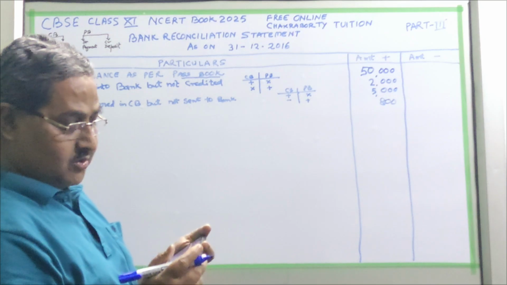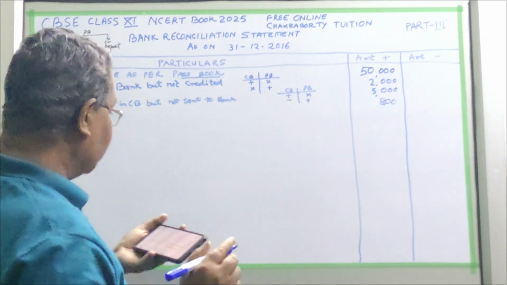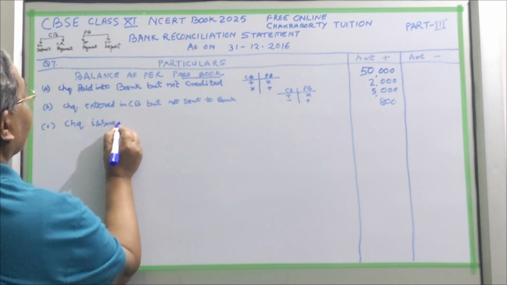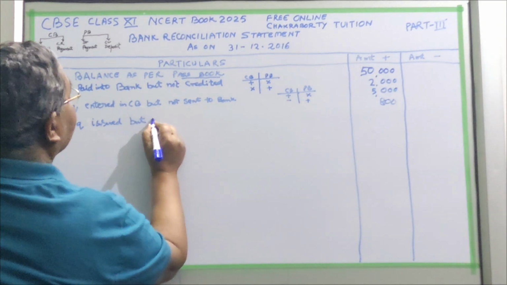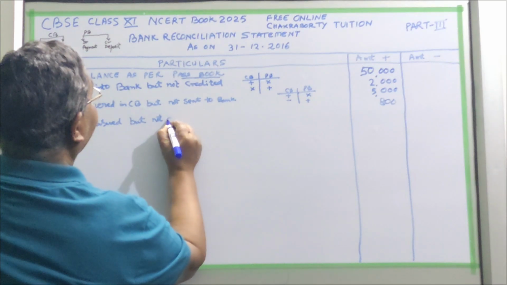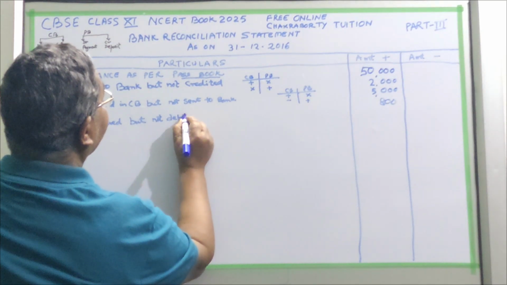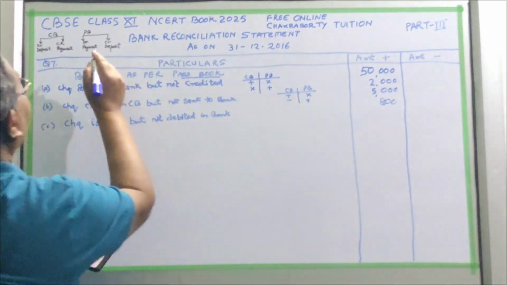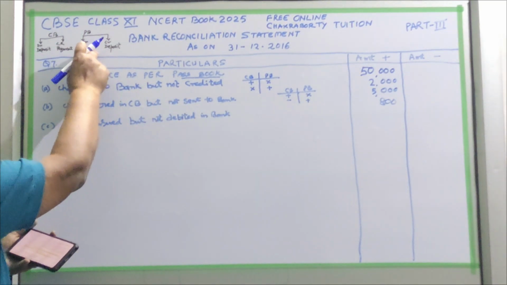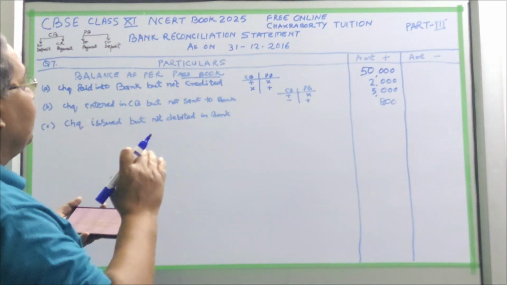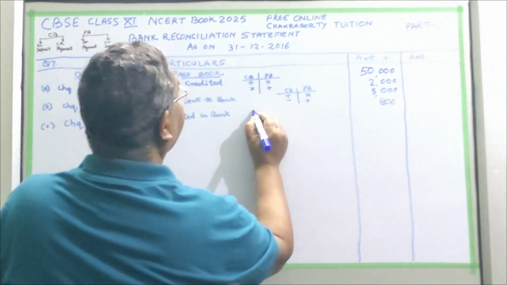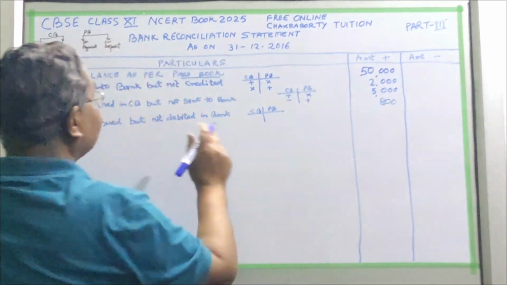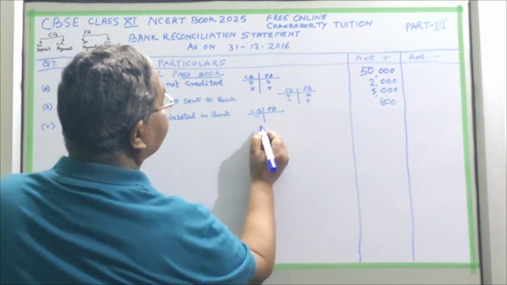Check issued but not debited in the bank means the bank has not made a payment, since all debit entries of the passbook denote payment or withdrawal. When the businessman issues a check, he reduces his balance.